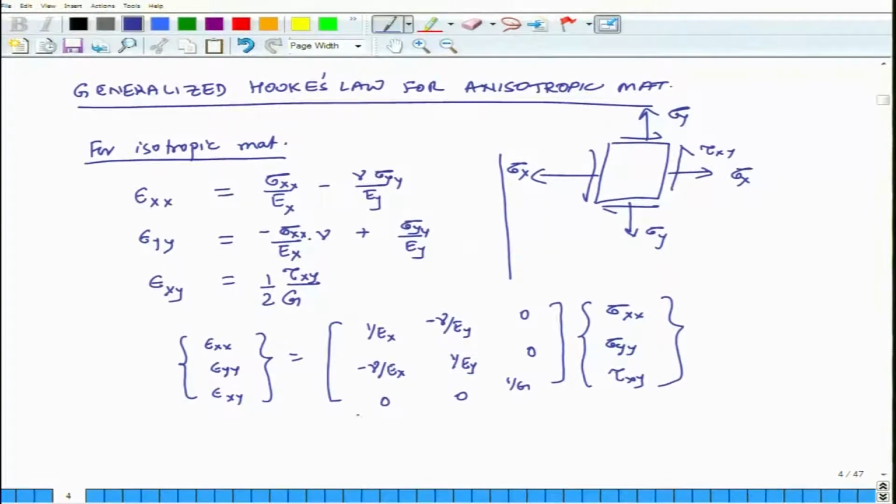But essentially let us call this matrix as A, some matrix as A. And let us call this strain vector as epsilon, and let us call this stress vector as sigma. Then I can rewrite this whole set of equations as sigma equals inverse of A times epsilon.